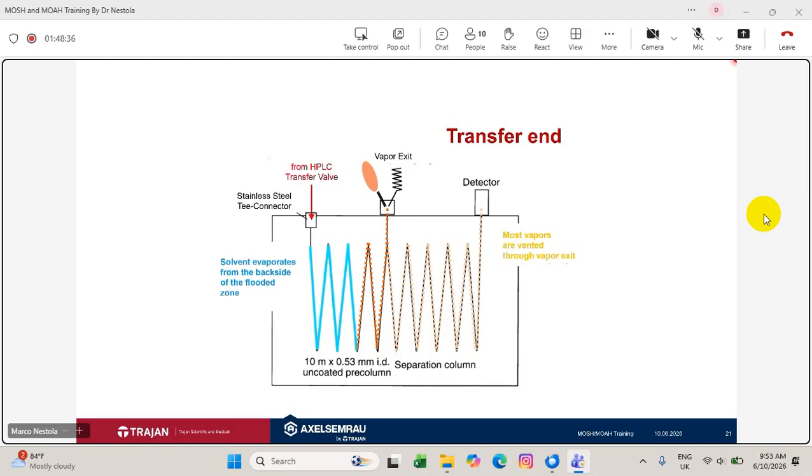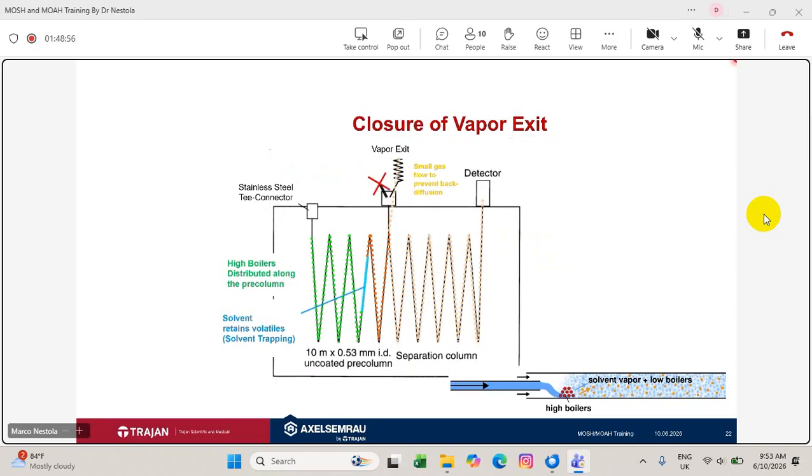It will evaporate our liquid. It will flow through this area, and this flooded zone gets smaller and smaller from the backside. So in the end it is mainly only in this area here. Okay, so that's what we are seeing here. We have our flooded zone compressed to this area here.